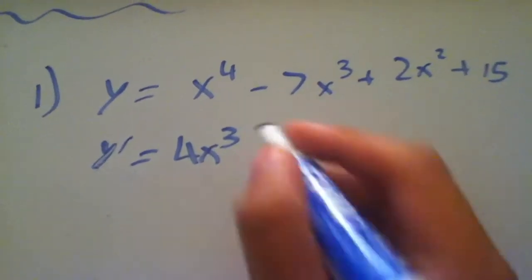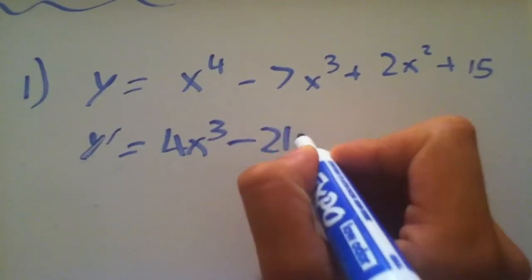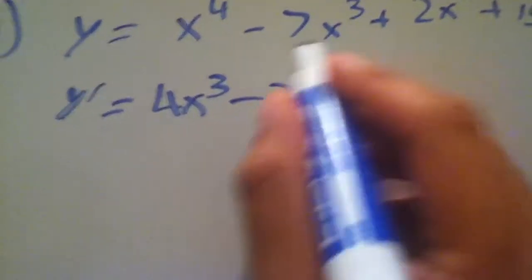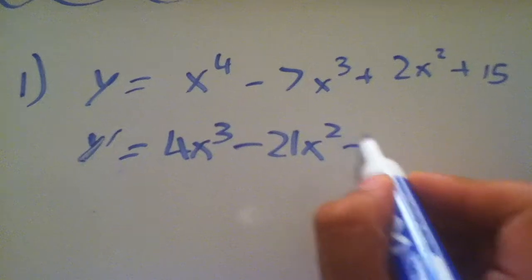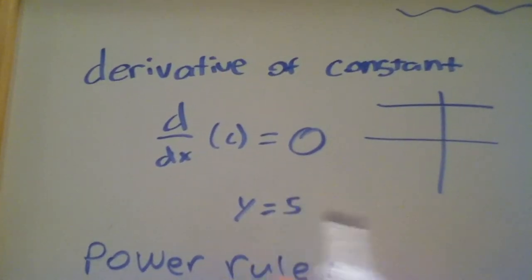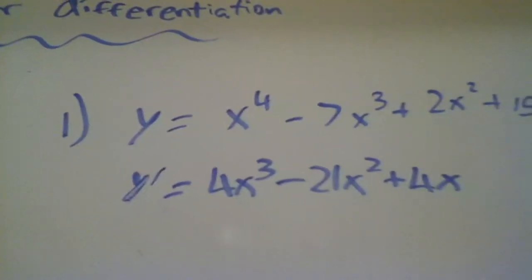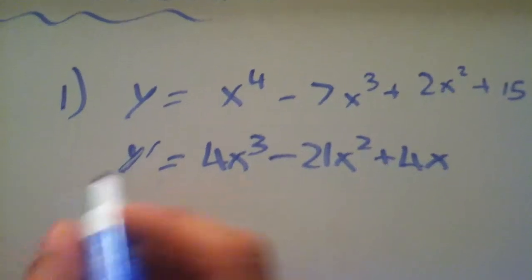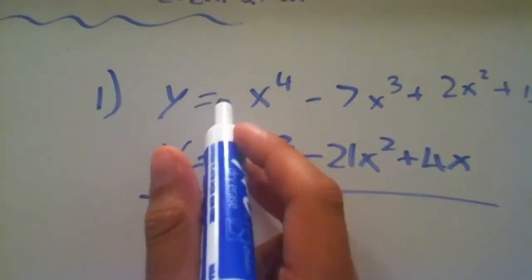Minus 21x squared, again the power rule, plus 4x, again the power rule, and the derivative of a constant is always 0. So 15 is plus 0, so you don't have to write that. So this is y prime, the derivative of that.